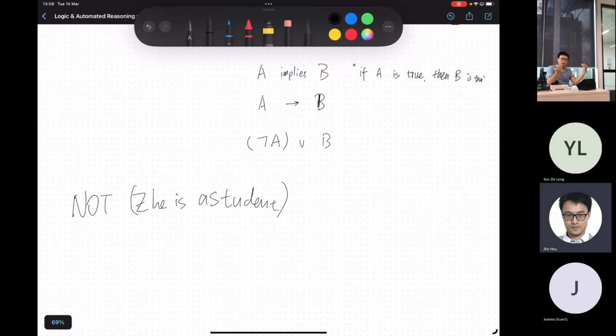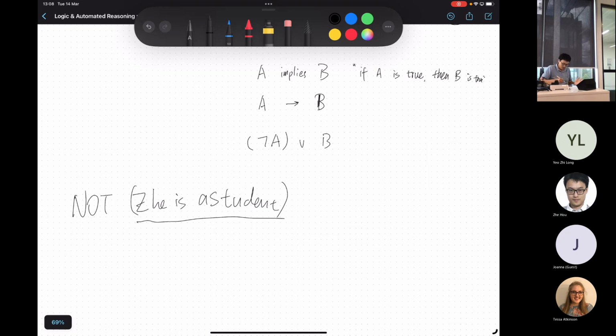The truth value of this NOT statement depends on whatever statement is applied there. So it depends on the truth value of "Z is a student," and I'm not a student, so that's false. Therefore, the NOT statement is true.